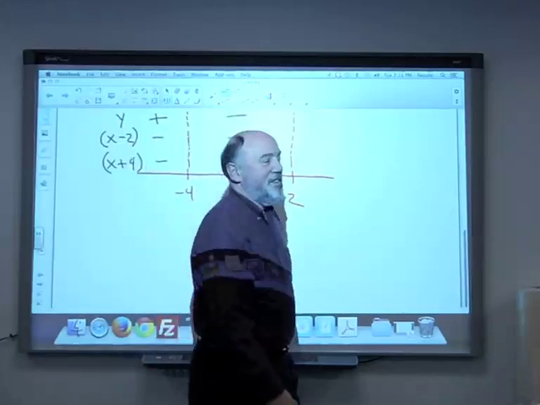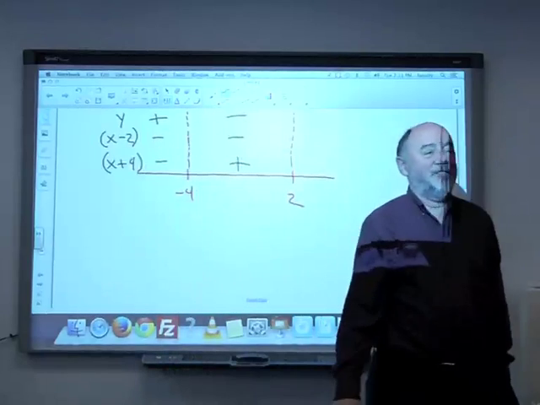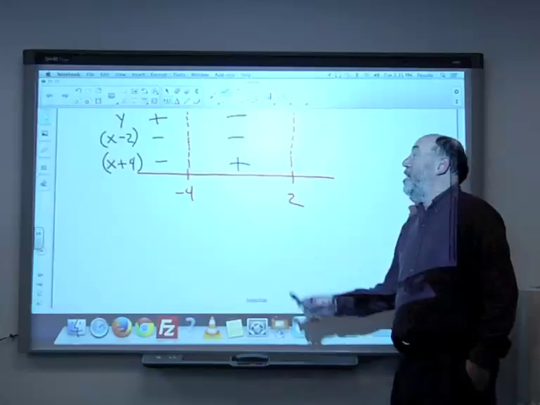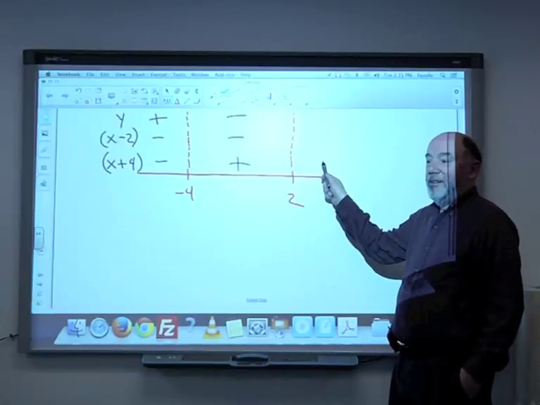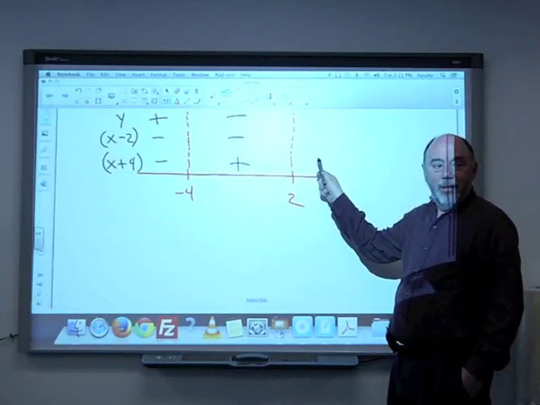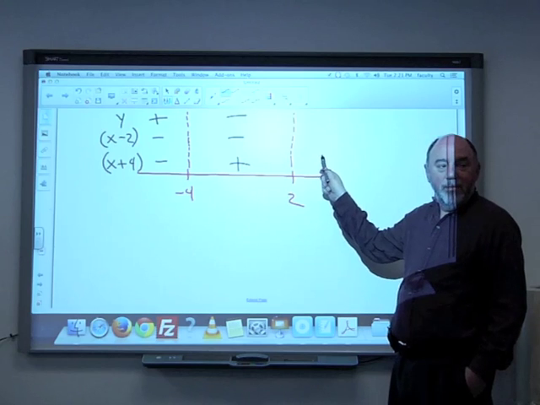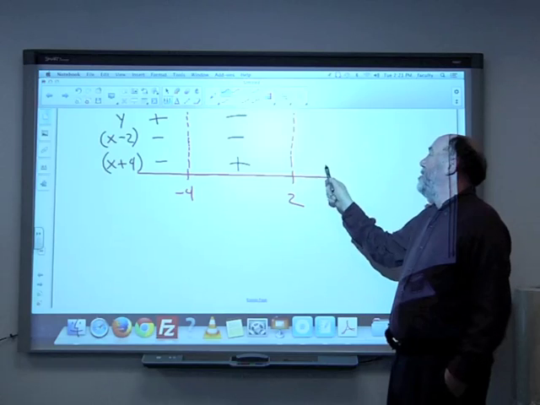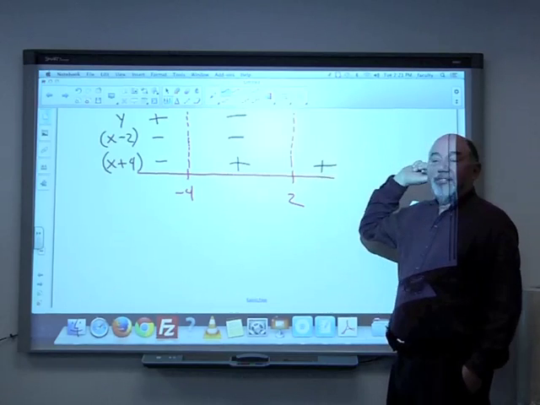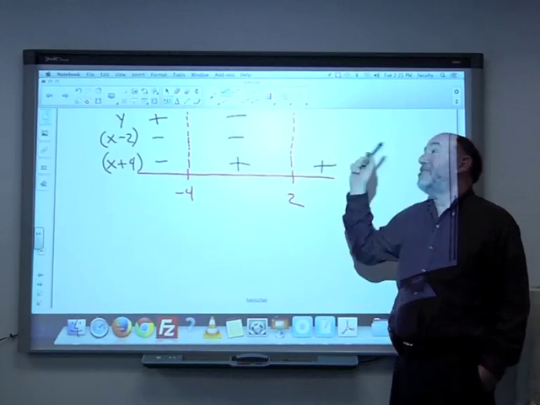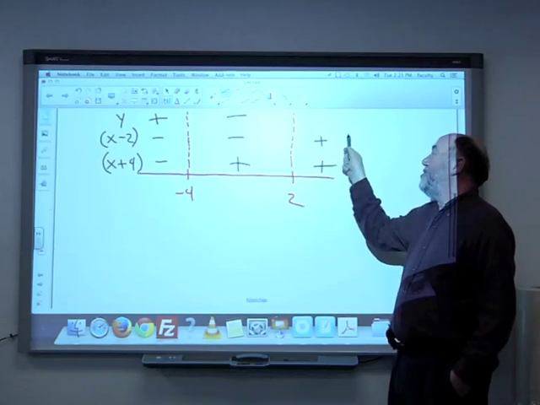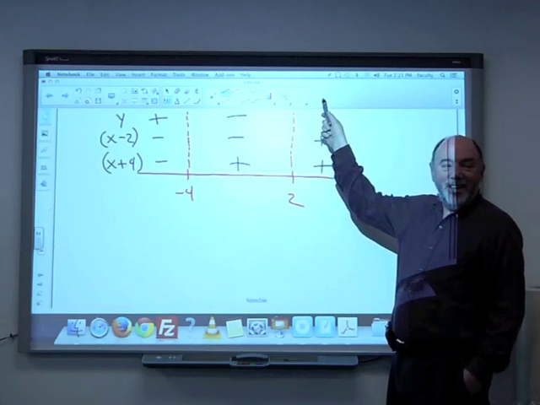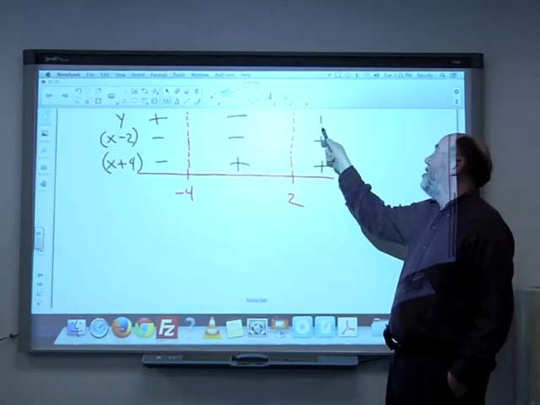And then lastly, if x is greater than 2, x plus 4 will be positive. X minus 2 will be positive. And then a positive times a positive is a positive, right?